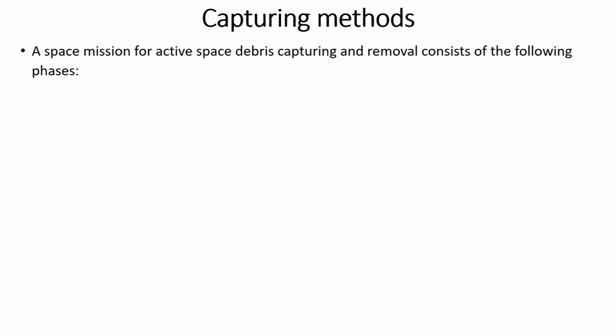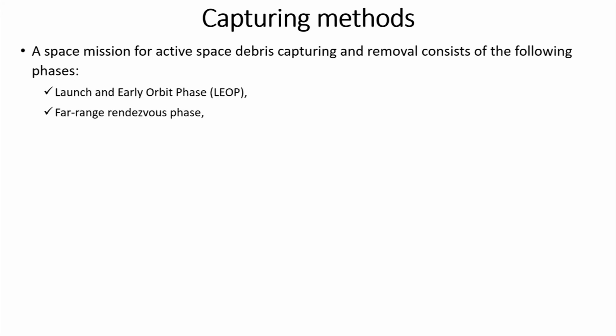A space mission can do active space debris capturing and removal, and this consists of several phases. The first phase is to launch and maneuver a chaser spacecraft which will facilitate the capturing of the debris. This phase is called LEOP.